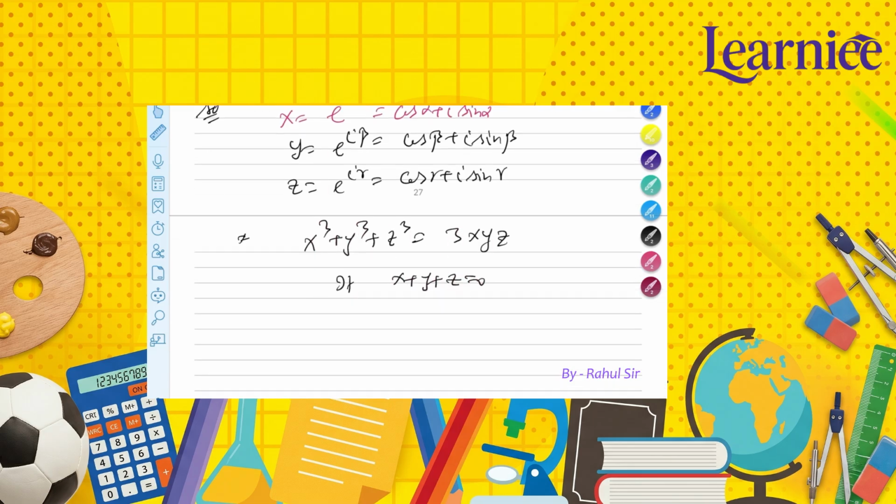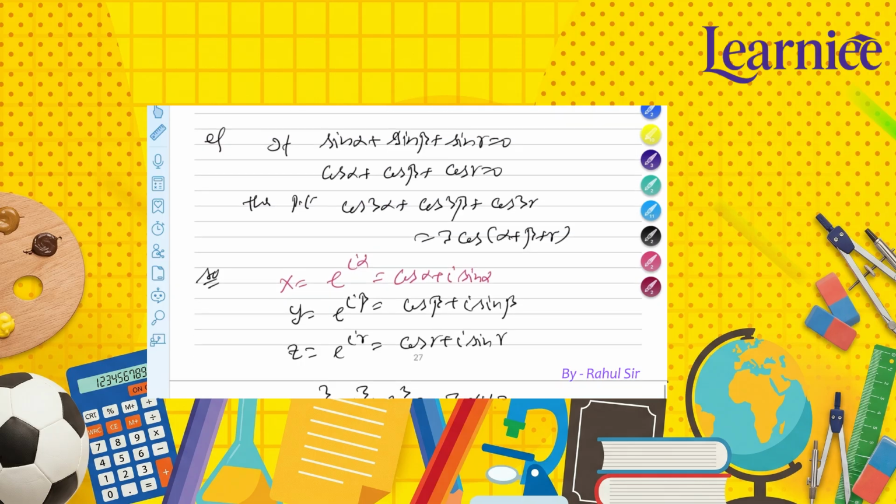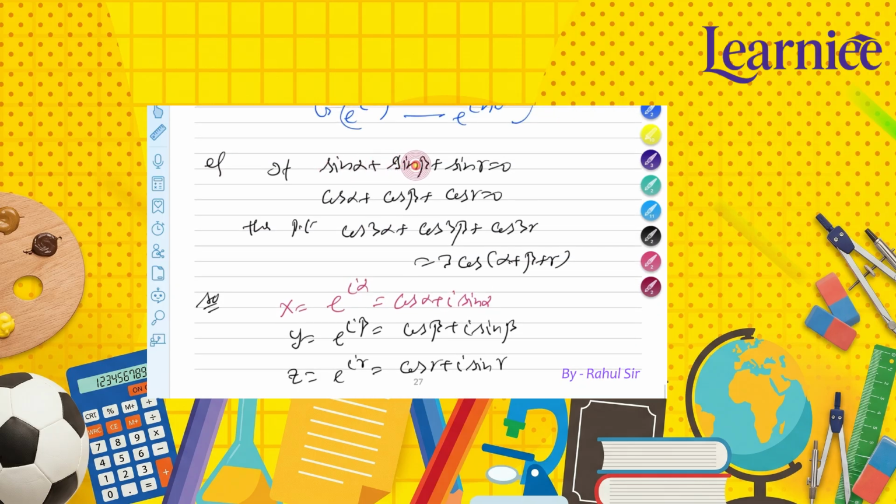Now see whether this condition holds. If it holds, then we can use this identity. x plus y plus z is cos alpha plus i sin alpha, cos beta plus i sin beta, cos gamma plus i sin gamma. So we add the real part, cos alpha plus cos beta plus cos gamma, plus the imaginary part, sin alpha plus sin beta plus sin gamma. Now observe that it is given that sin alpha plus sin beta plus sin gamma is 0, and cos alpha plus cos beta plus cos gamma is 0.